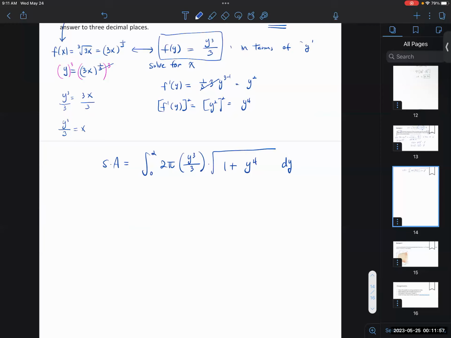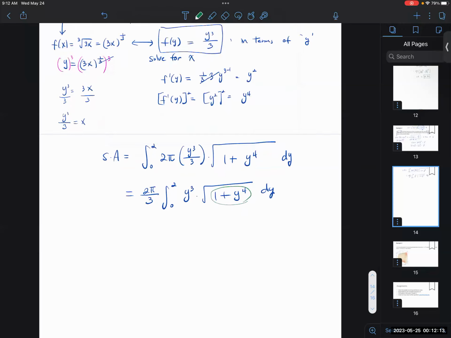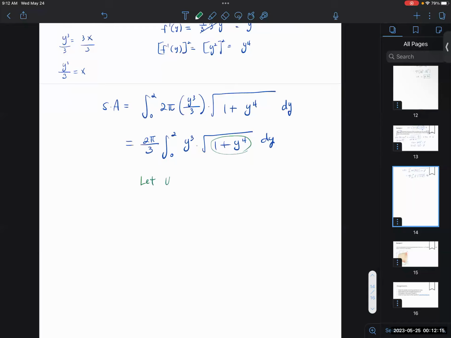So now again, I can simplify. I'm going to bring the constant 2 pi over 3, integral from 0 to 2, y to the third, radical 1 plus y to the 4 dy. I see the u substitution. So we're going to say let u equal 1 plus y to the 4. du over dy is 4y to the third, so du equals 4y to the third dy.